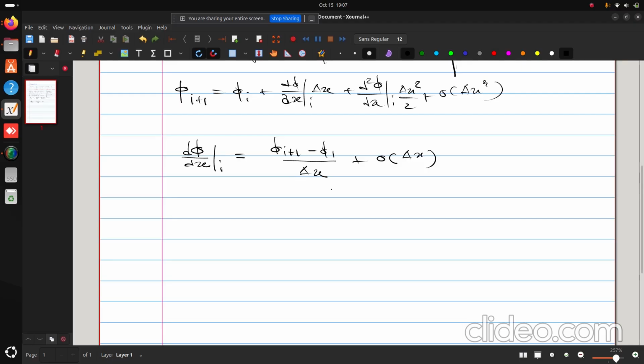So this is the truncation error, which appears because we are truncating the higher order terms in the Taylor series expansion when we are designing our different numerical schemes, right.